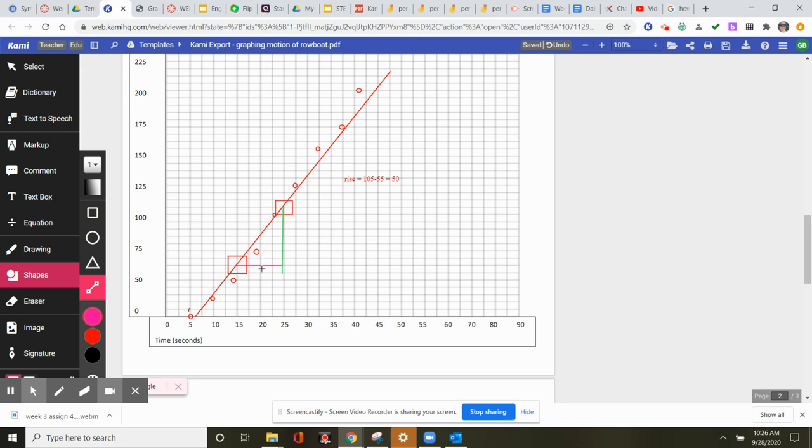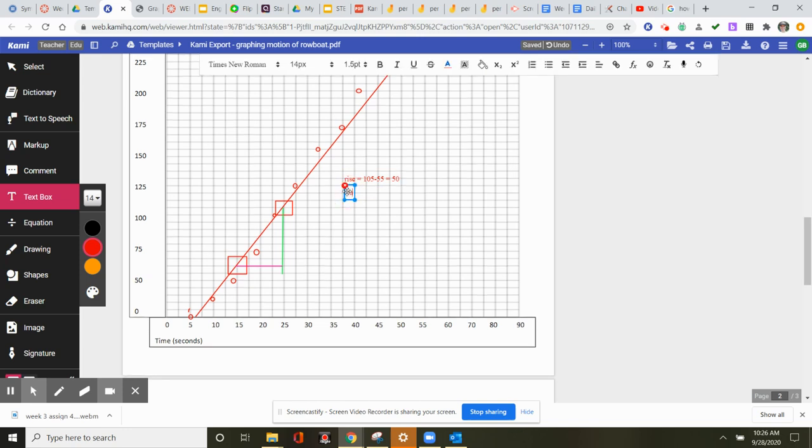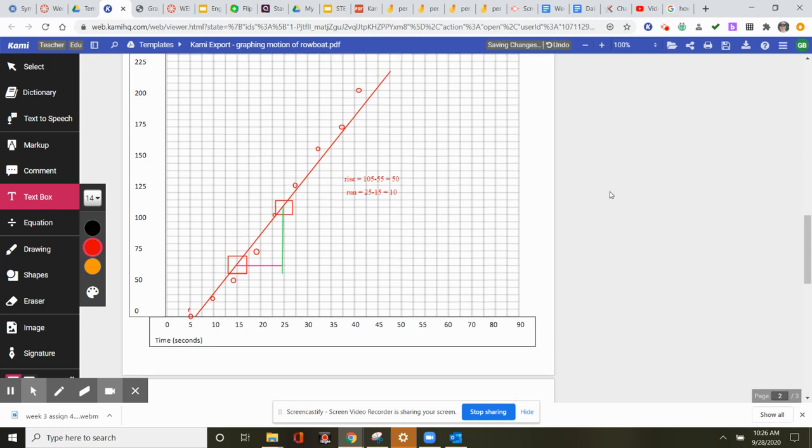So this starts at 15 and ends at 25. We caught a break. That's easy. So the run is equal to 25 minus 15. That's equal to 10. So then we divide the rise over the run.